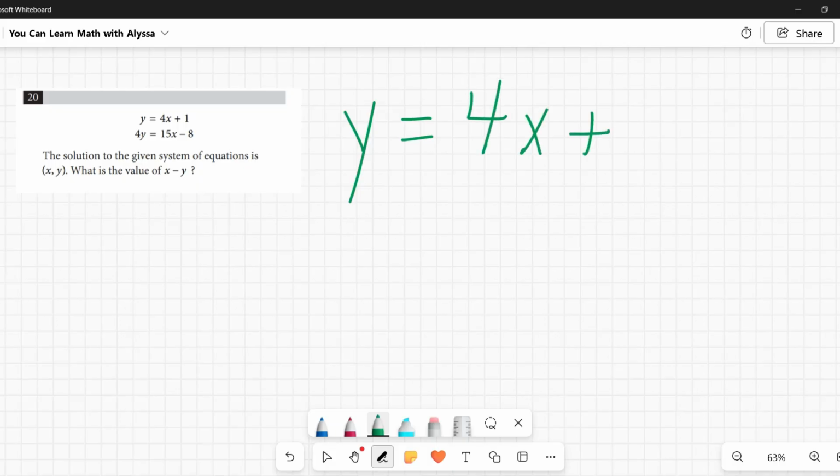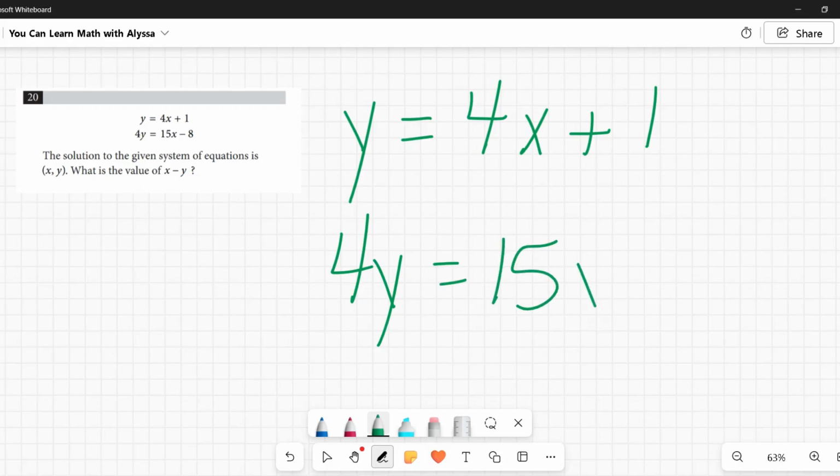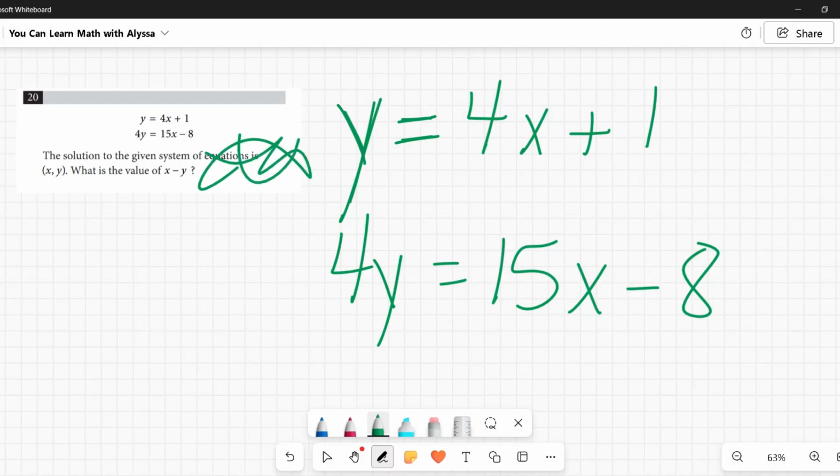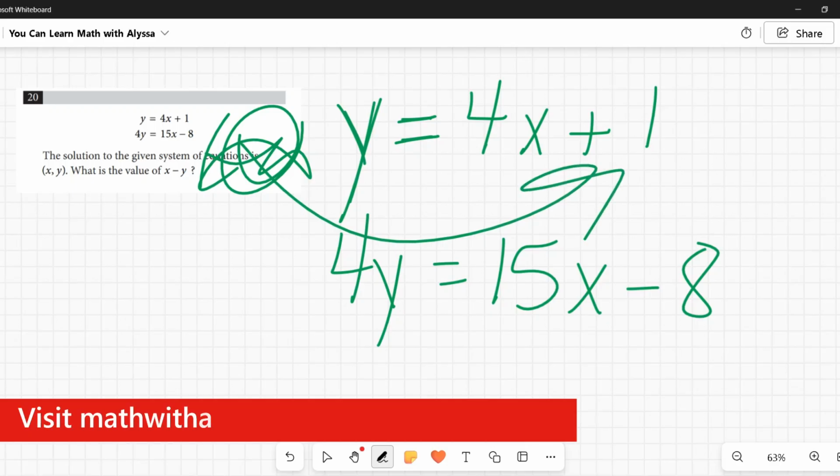Y equals 4x plus 1, 4y equals 15x minus 8. I already have here that y equals something. You can do substitution even if it's not already in y equals or x equals form. It just means you have to do some algebra and get whatever's over here all on that side.